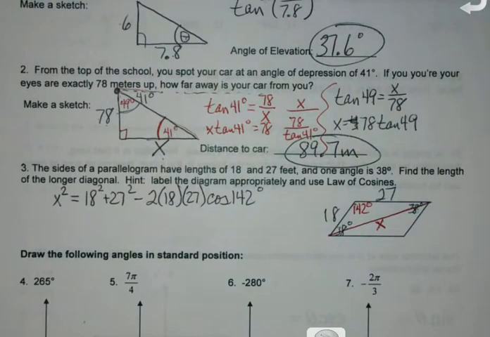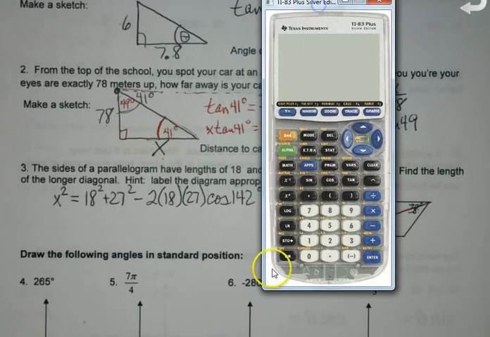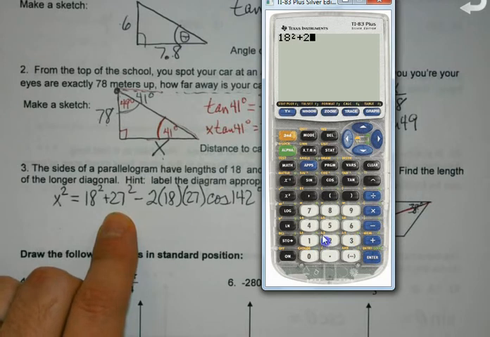And again, this is the version of it when I have the angle and two sides that I can plug directly into the calculator. It's the one when I have 3 sides that I have to be a little bit careful. So let me come over here, and as long as I'm cautious and type this in exactly, I should be in good shape.